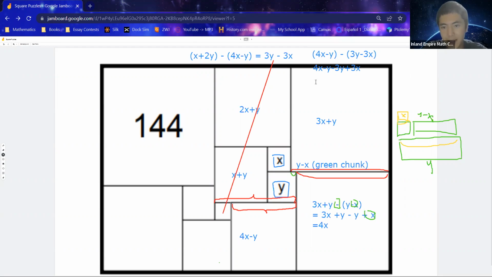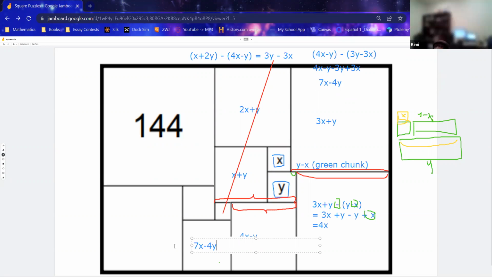So you're actually adding it. Then you can just group the terms that are alike together because you have 4x plus 3x. So 4 apples plus 3 apples, it's 7 apples. So you have 7x, and you're subtracting y and subtracting 3y. So if I take away 1 apple from you and then take another 3 apples from you, I actually took 4 apples from you. So that means we have 7x minus 4y.